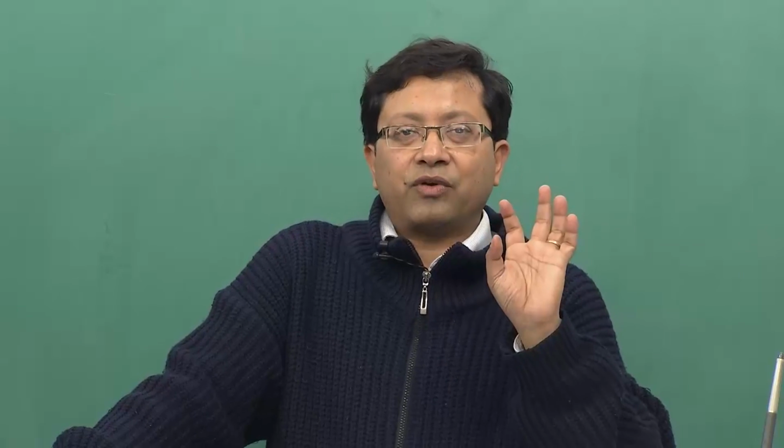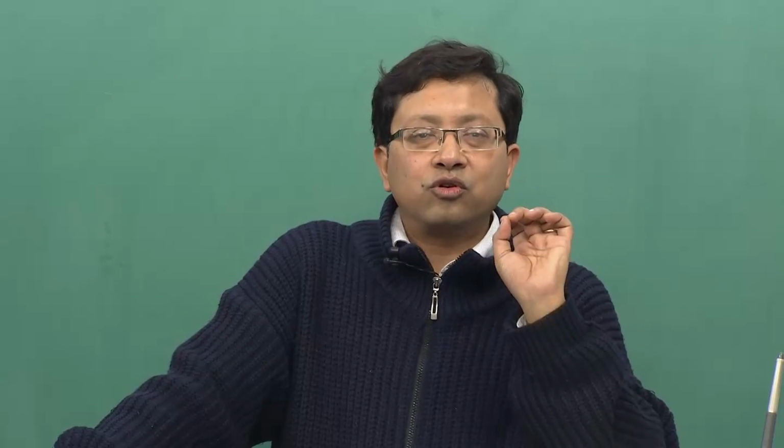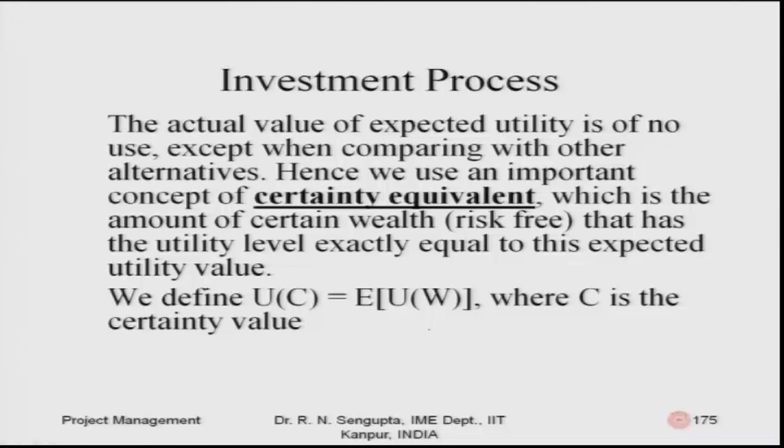But the reason why we are discussing it is that the certainty equivalent value gives you a very good notion of how you can make a decision, and based on that you can also decide whether the person loves risk, is indifferent to risk, or is basically a hater of risk. So, the actual value of the expected utility is of no use or consequence to us except when comparing with other alternatives.